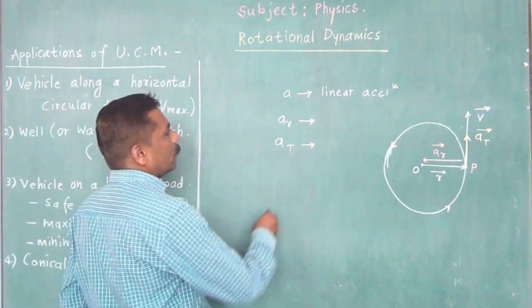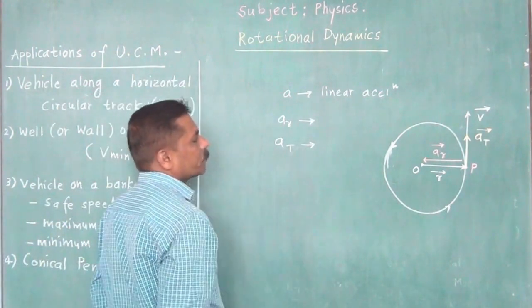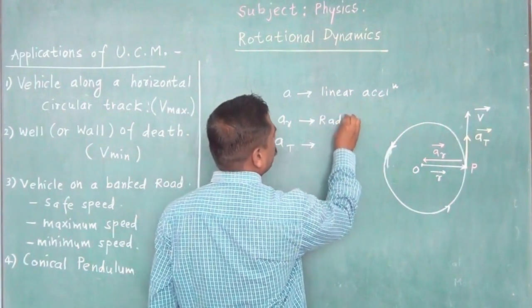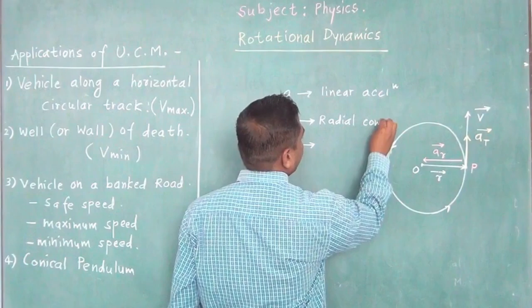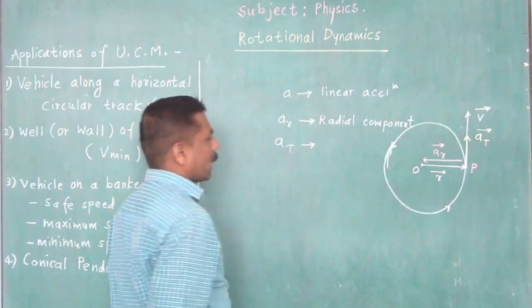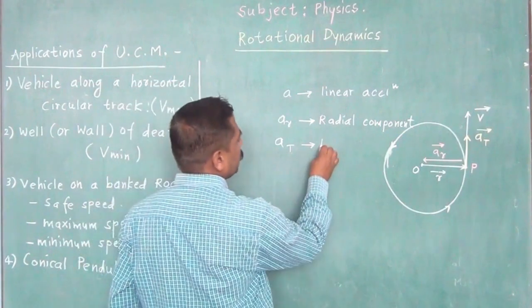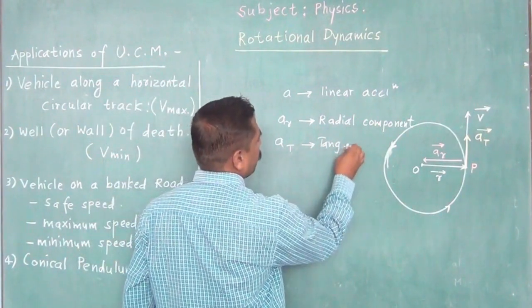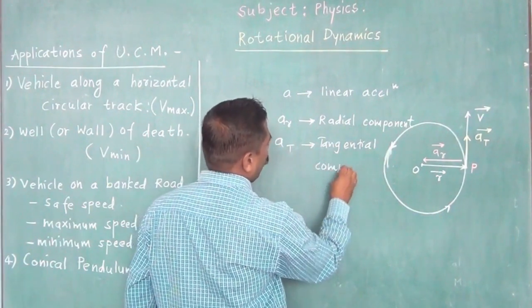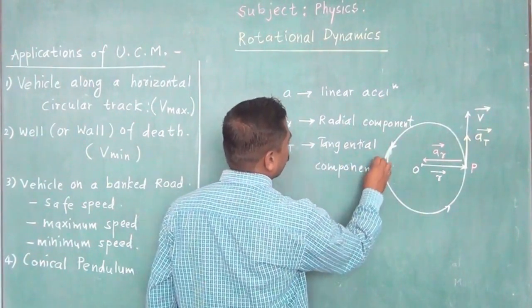This is called the radial component of linear acceleration, and this is called the tangential component of linear acceleration.